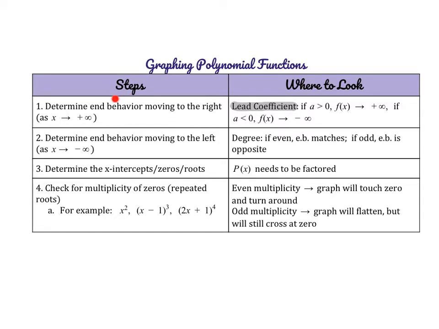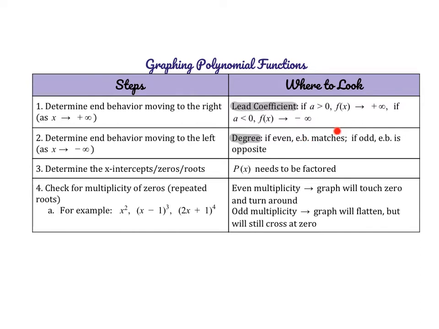So once you know what's happening to the right, then we need to determine the end behavior moving to the left, or we need to know what happens as x approaches negative infinity. So to figure this out, we need to look at a different part of our graph. We need to look at the degree. So for the degree, if the degree is even, like 2, 4, 6, etc., then the end behavior is going to match.